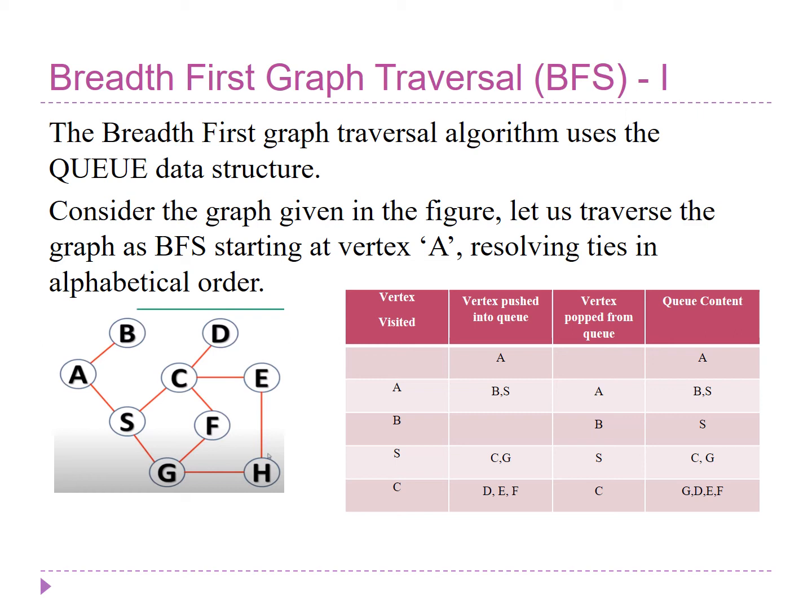Now, the content of the queue is C and G. Now, we pop C from the queue, mark it as visited, and the unvisited vertices connected to C, which are D, E, and F, resolved in alphabetical order, are pushed into the queue.